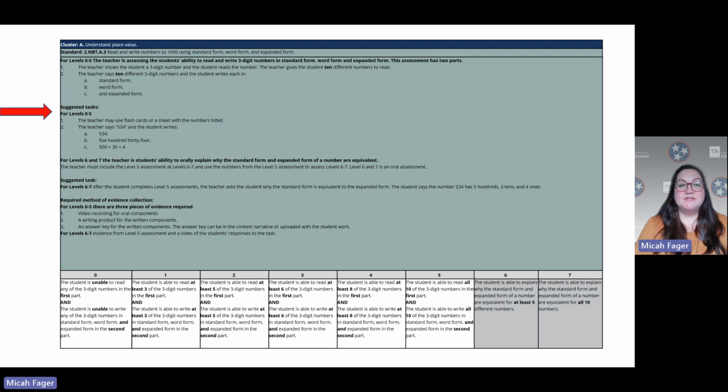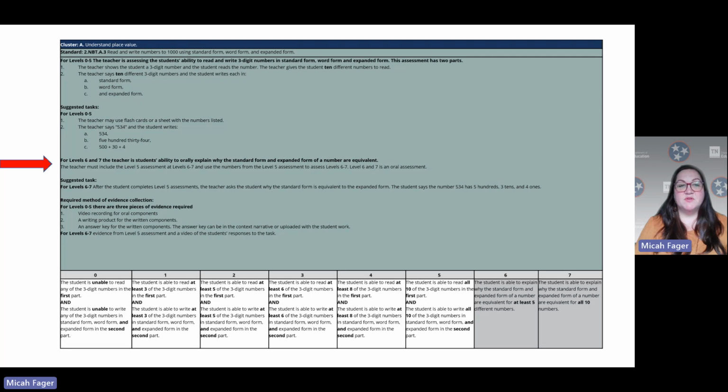And then it gives examples of what the answers the student should write. For A, that is an example of the student writing in standard form. For B, that is an example of the student writing in word form. And for C, that is an example of the student writing the number in expanded form. Again, the student must write all three forms correctly in order for that number to be counted as correct.